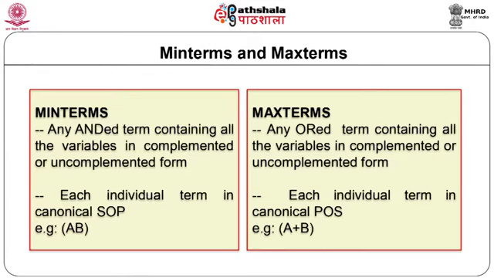The complement of the function contains those min terms not included in the original function. A function that contains all 2 raised to n min terms is equal to a logical one, and the same thing is true for the max terms. For n variable inputs, we can have 2 raised to n max terms as well.